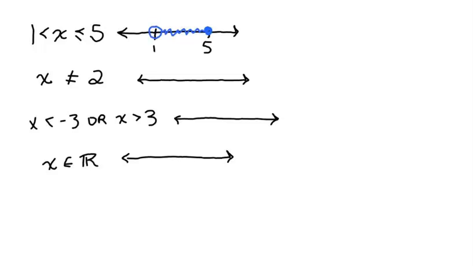In interval notation, we'll use an open bracket at the value of 1 and a closed bracket at the value of 5. In set notation, we might write the set of all x's satisfying x is between 1 and 5 with an equal sign here at 5.